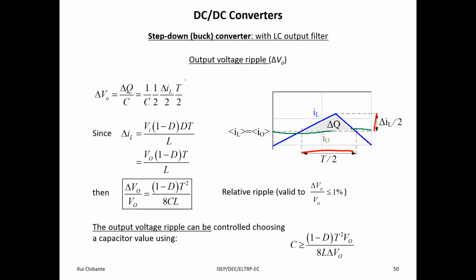So from this result, and using the previous result of the current variation, what we do is to replace here delta VL, and we simplify, and we get this relation.